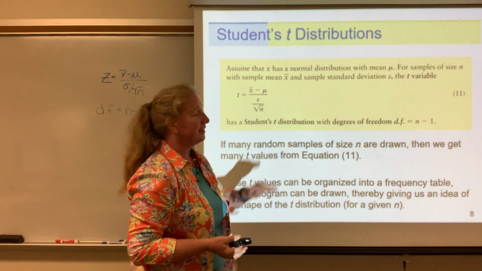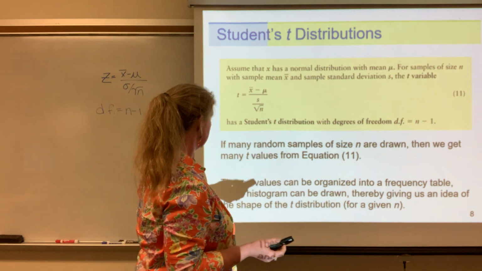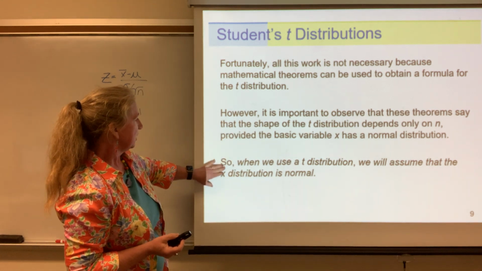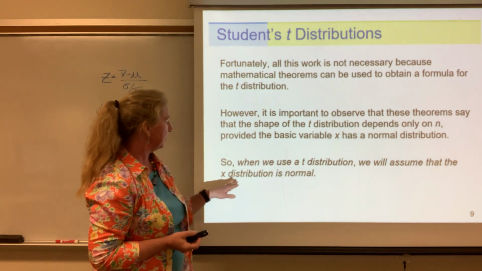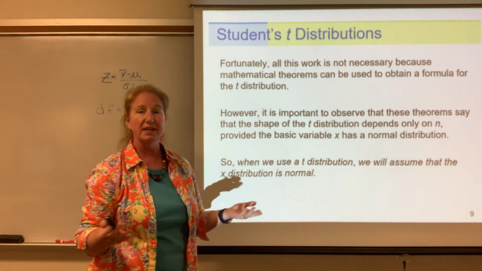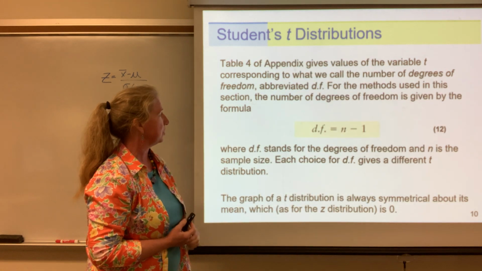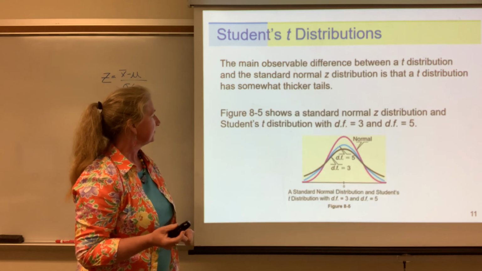So we'll need that. Part of reading the chart is that degrees of freedom. So when we use a T distribution, we'll assume that the X distribution is normal. Very similar to when we use Z, we had a Z distribution. Again, the degrees of freedom is n minus 1.